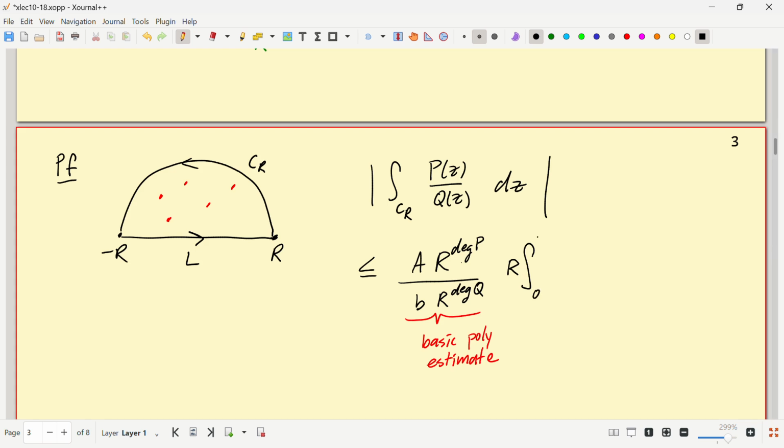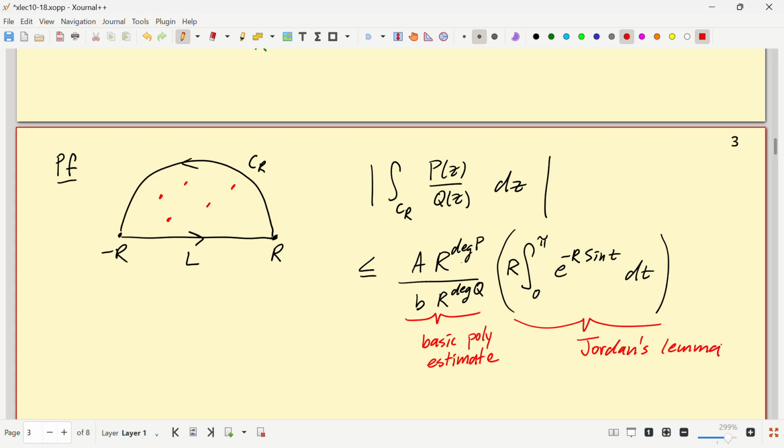And that would be the integral from 0 to pi of e to the minus r sine t, and that's the thing I estimated. And that r that comes out is exactly what I need to make that thing in front bounded. And so I would get a thing that's bounded there, even though the degree of q is only one more, that r takes care of that problem.